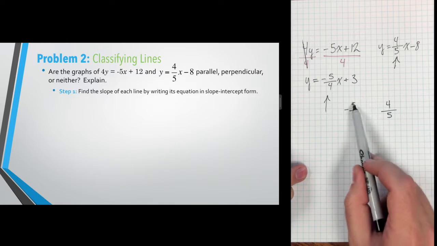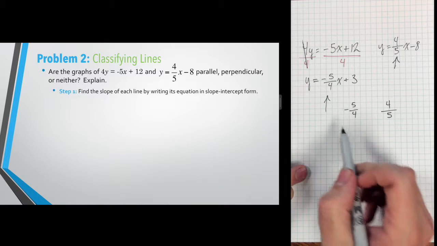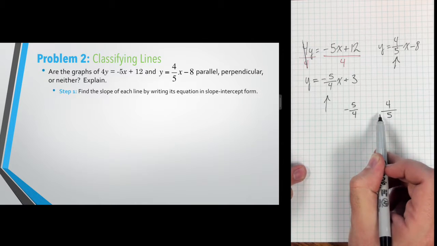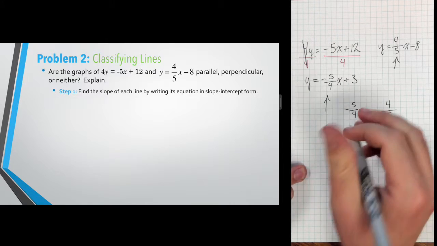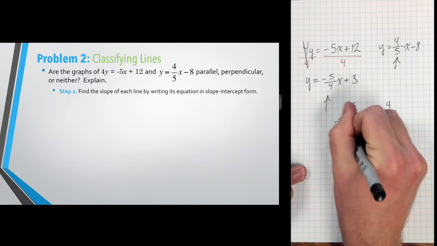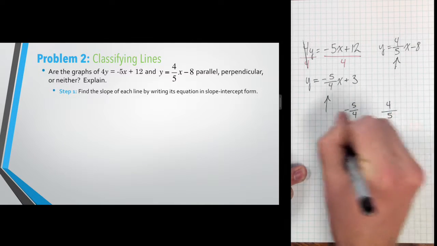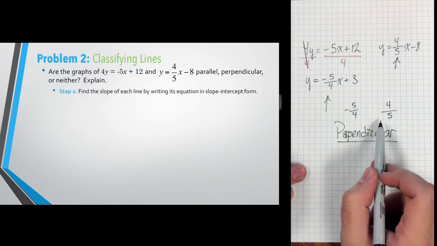They've switched. The top and the bottom have switched. So that's a reciprocal. But then this was negative and this one's positive, which means these are opposite reciprocals. Therefore, these would be perpendicular lines. Perpendicular lines because their slopes are opposite reciprocals.